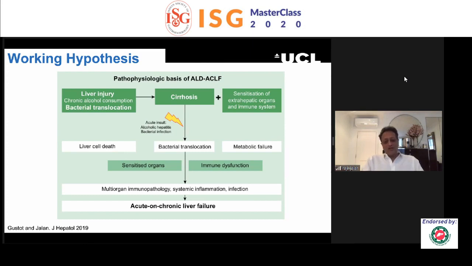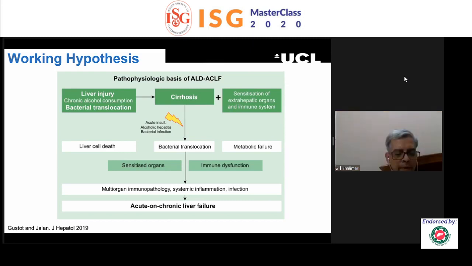People who argue that it's a consequence have published exactly the opposite data in the recent global study, which was published from India and other places, where they show that infection is associated as a precipitating event with the occurrence of ACLF. So in my book, there is no doubt that bacterial infection is a key, not whether or not, it's a key precipitating event for ACLF.